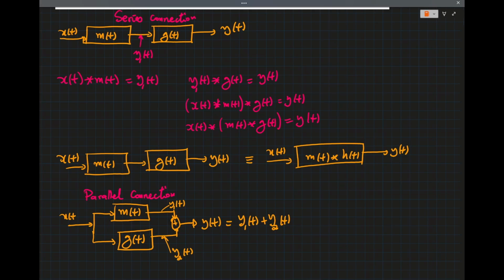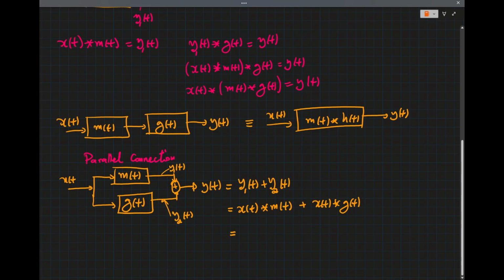But what is y1? It is m of t convolved with x of t, so x of t convolved with m of t, plus y2, which is x of t convolved with g of t.